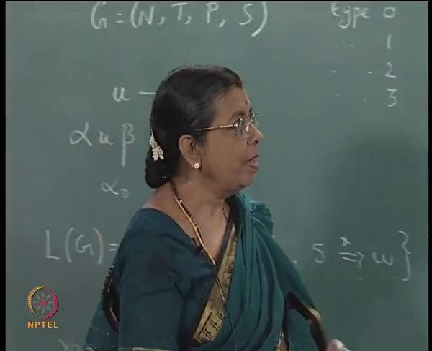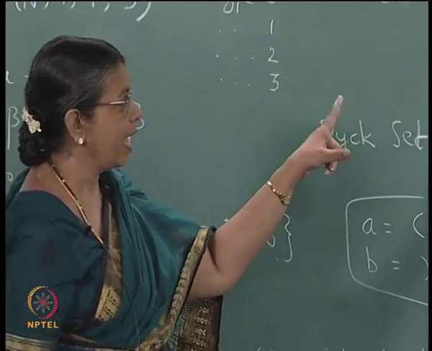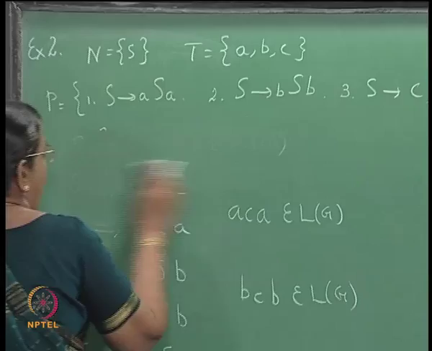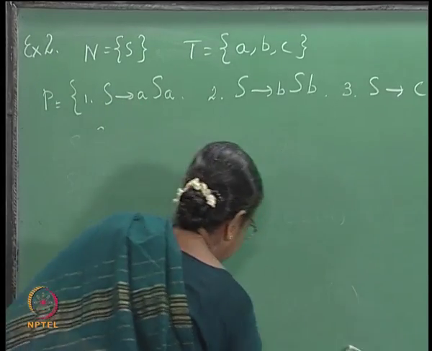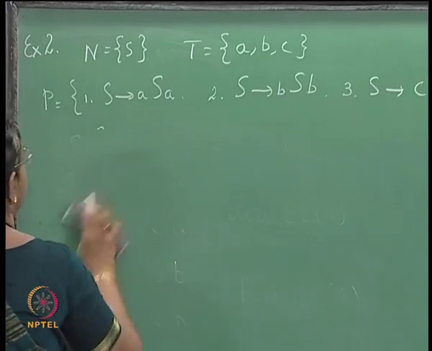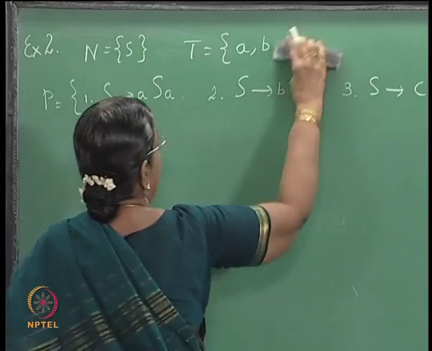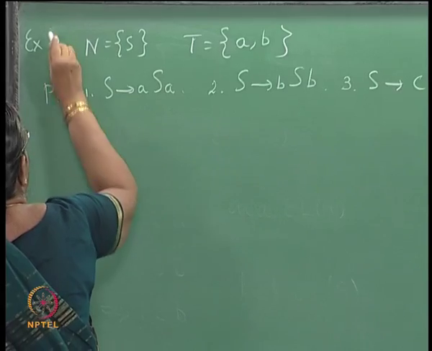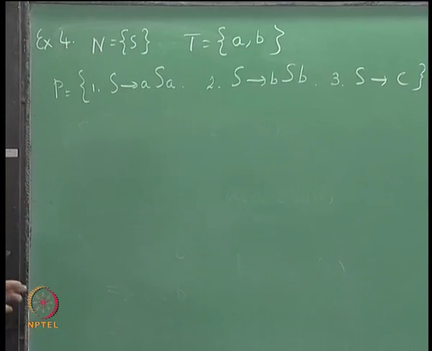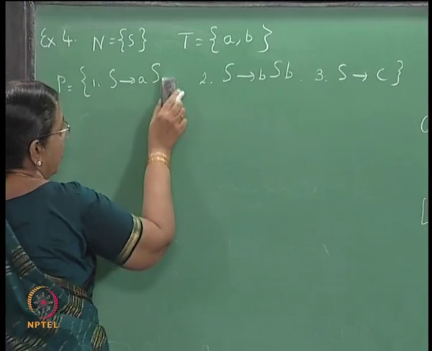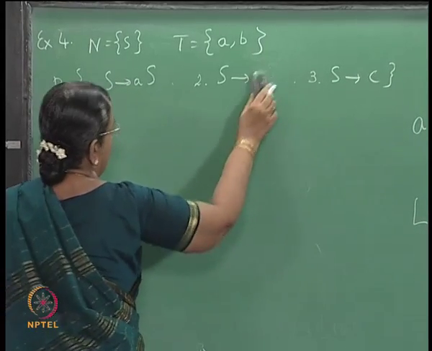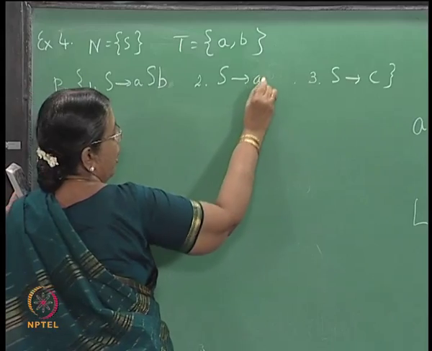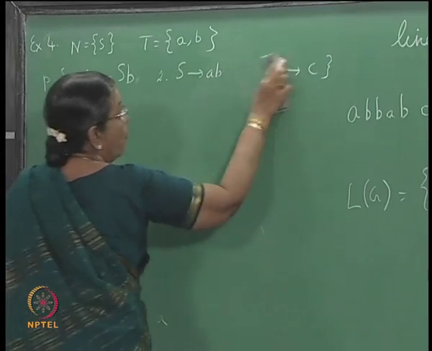Now, I will modify this grammar again a little bit. Now, you tell me what is the language generated. There are only two terminal symbols. The rules are S goes to ASB, S goes to AB, and two more rules.